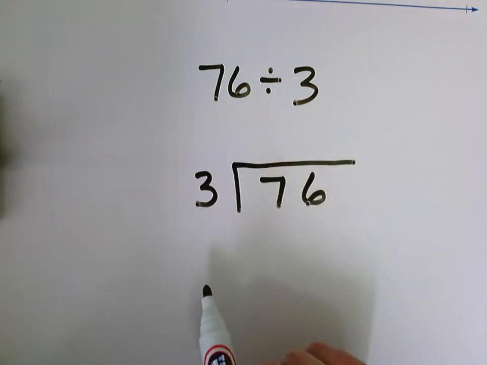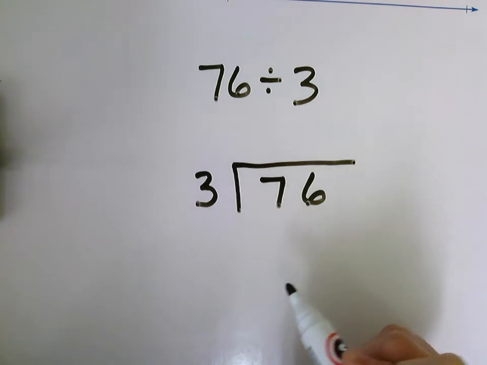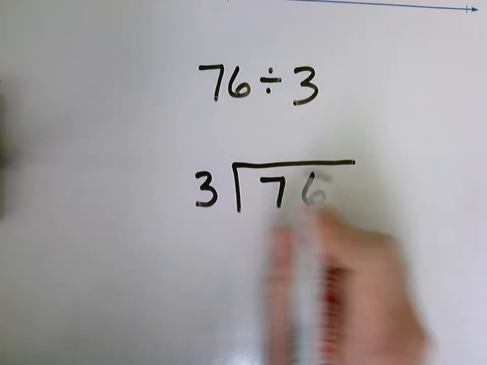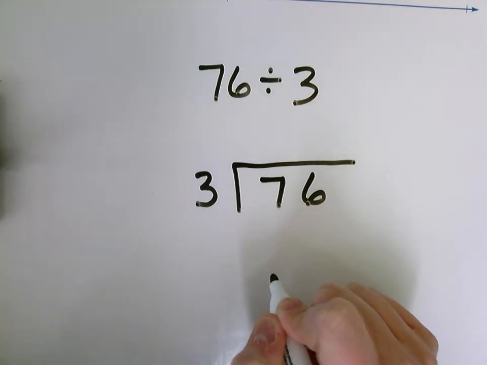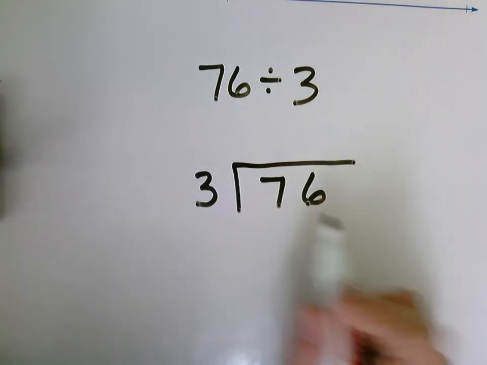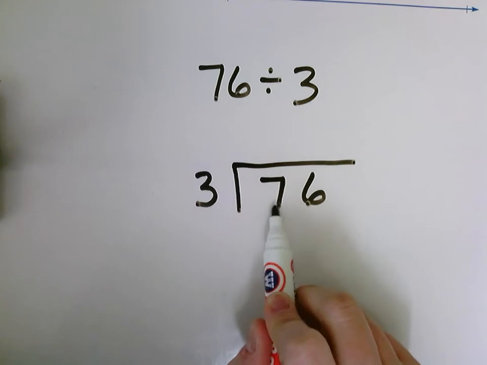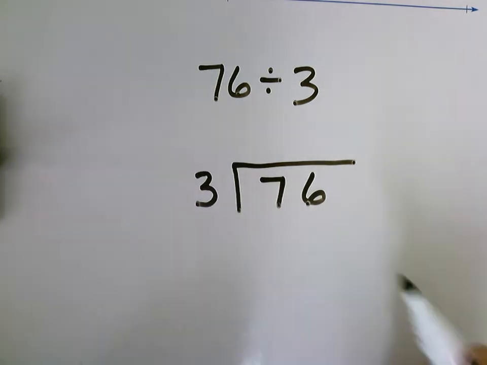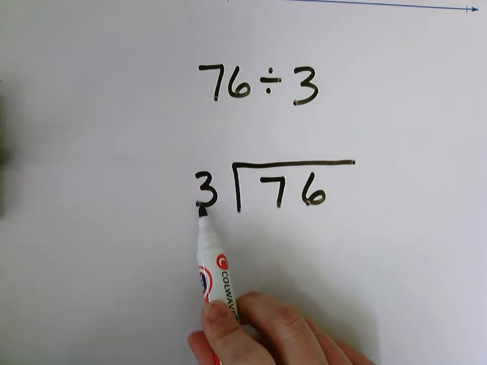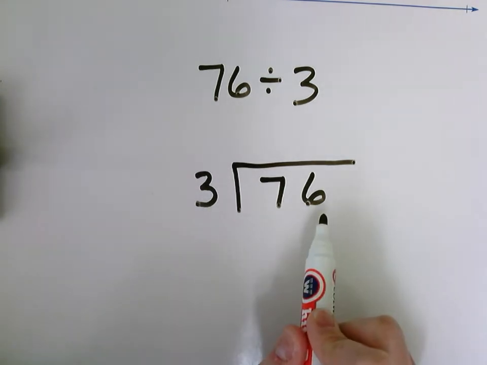So far, with the problems that we've done, we've been able to use our basic facts to help us find a compatible number to get close to our answers. But right now, 76 times 3 is a very large number. I can't use my multiplication chart or some of my basic facts to think about what number times 3 will equal 76.